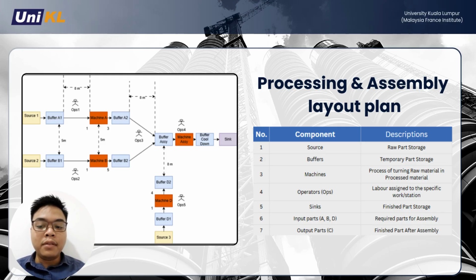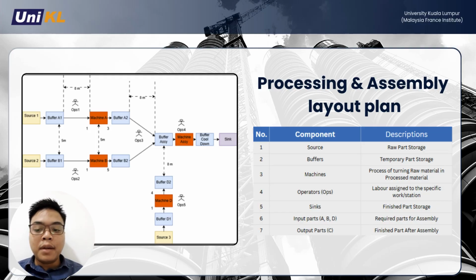There are three main sources that are used to create raw materials to be processed into each respective part. The raw materials are put into each respective buffer A1, B1, and D1 before entering the processing machine. After the raw material has been processed, which is part A, B, and D, they will be put into the respective buffer before being transported into the assembly buffer.